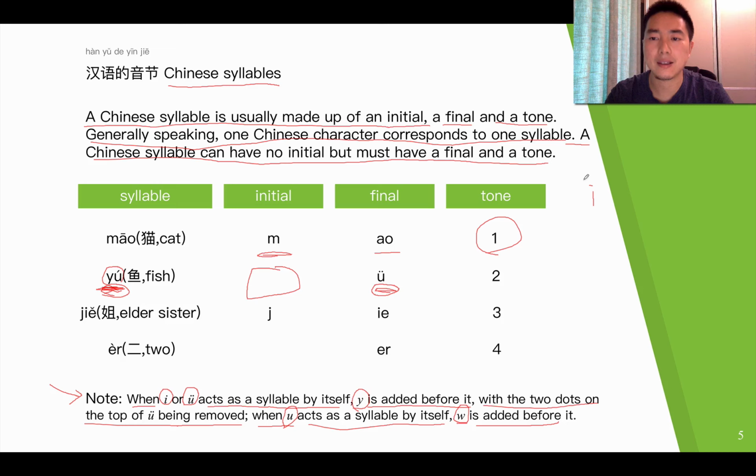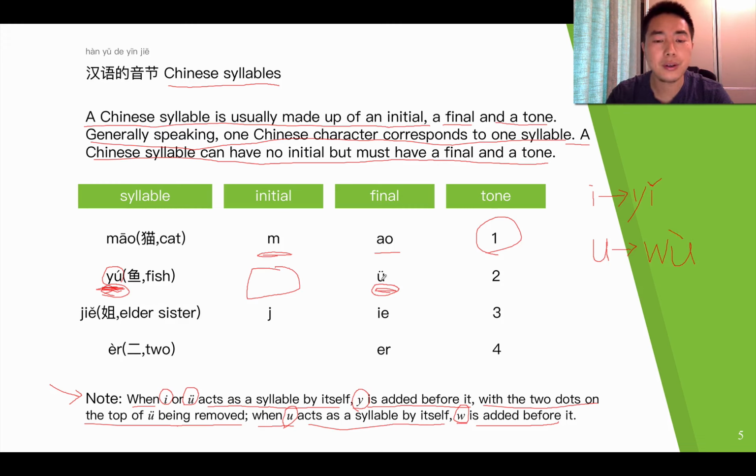If e acts as the syllable by itself, in the syllable it should become like this, and then we add the tone before it. For example, if it's the third tone, it becomes like this. Okay, and if it's wu, then it will become like this. If it's the fourth tone, then it becomes like this.